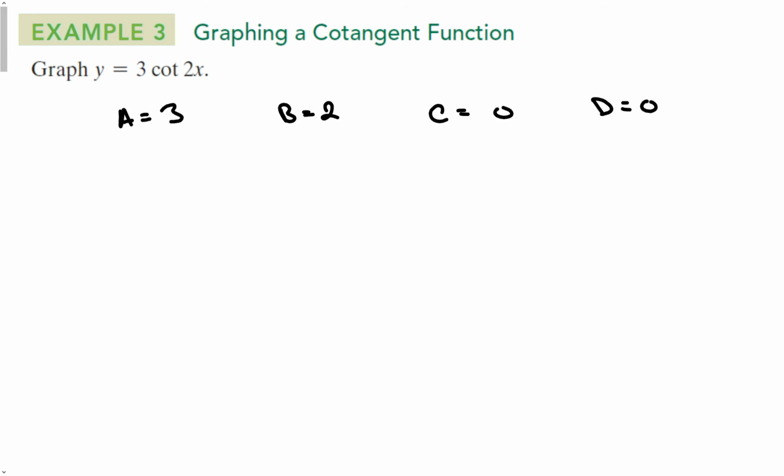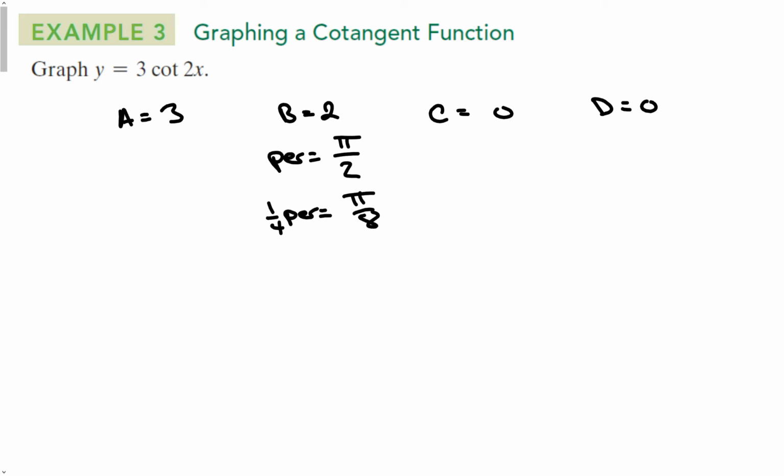Amplitude a doesn't really translate into amplitude for cotangent. My period is going to be pi over b. The quarter period is a quarter of that, so pi over 8. C and D I'm not really going to worry about.